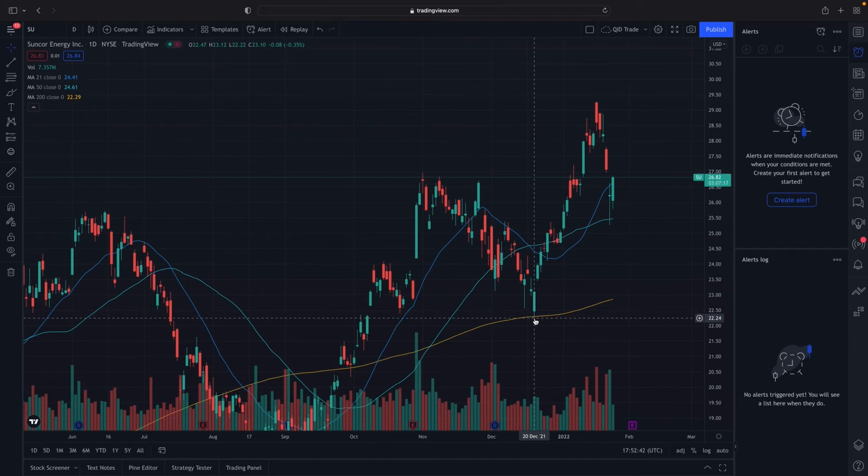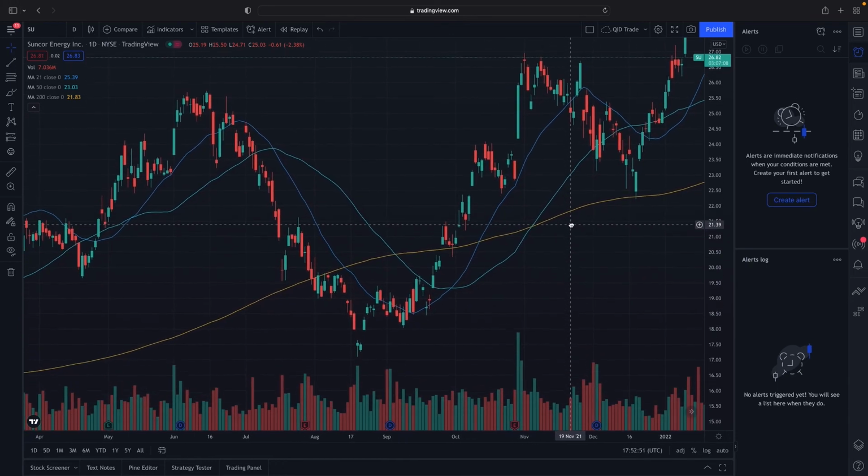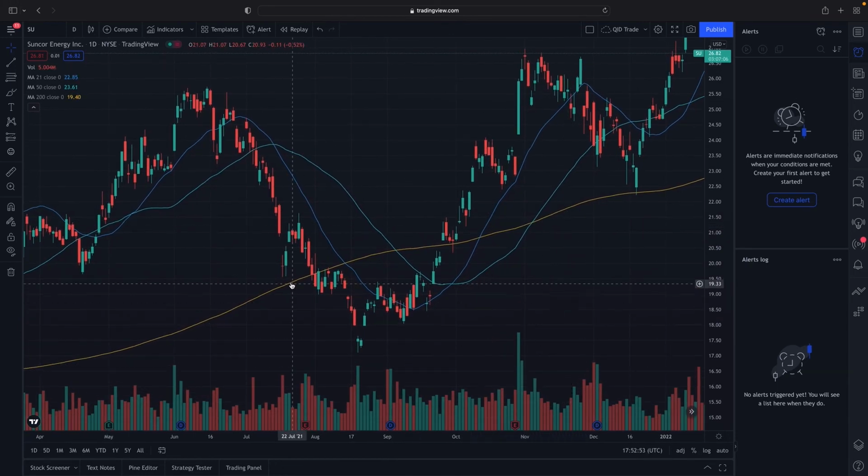It went down to about $22, and then it shot up. The 200 moving average goes back 200 days, and if you change this chart to weeks or months, it'll go to 200 weeks or 200 months, which is a long time to be looking back.